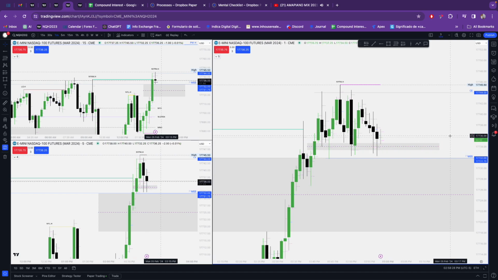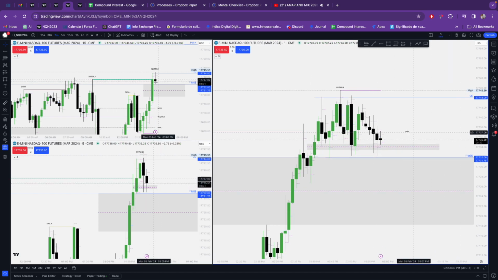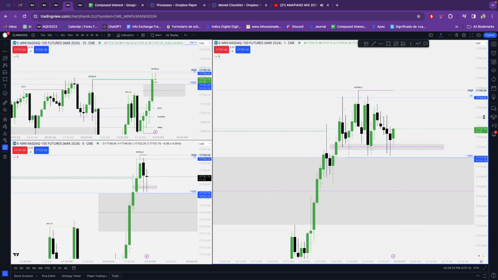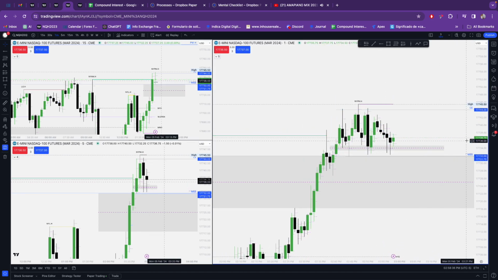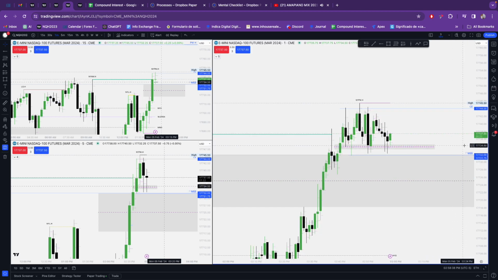I like this one here. Like how the bodies are respecting this. One, two, three, four, five candle run, and we are in a discount. So I like this. I'm gonna take this as a trade. Oh, went in a bit too aggressive on this one.